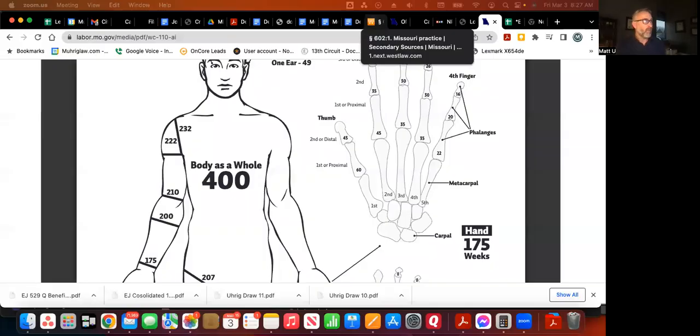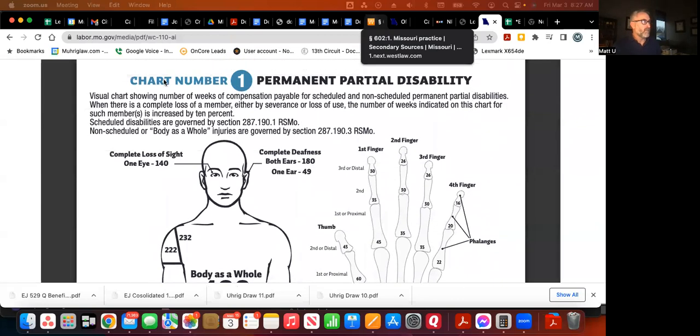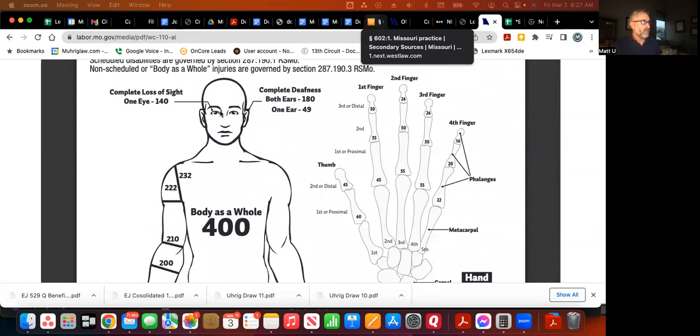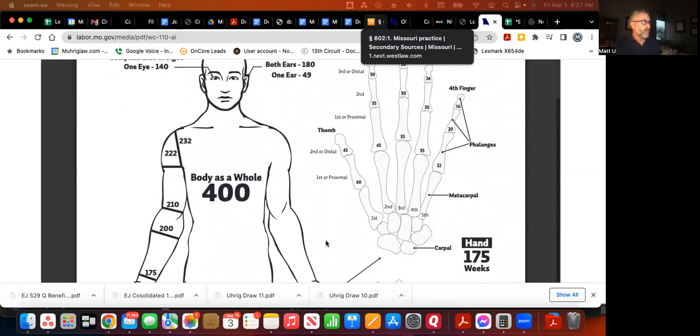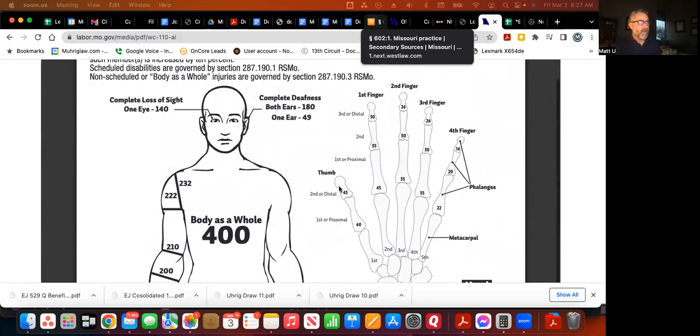The Division of Workers' Compensation uses this chart. As you can see, it's chart number 1, permanent partial disability. Each part of the body, from your eye to your ear, your shoulder, your legs, and your body as a whole, is assigned a number of weeks, right down to your fingertips.